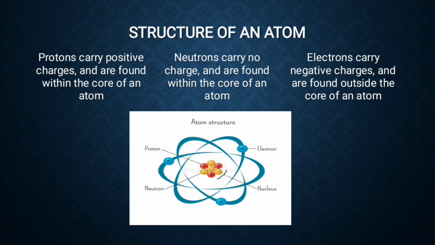Then electrons carry negative charges and are found outside the core of an atom. If you look, you see the blue balls, and they carry negative charges. Electrons are negatively charged, neutrons carry no charge, while protons are positively charged. Protons, neutrons, and electrons are the elementary particles that make up an atom.